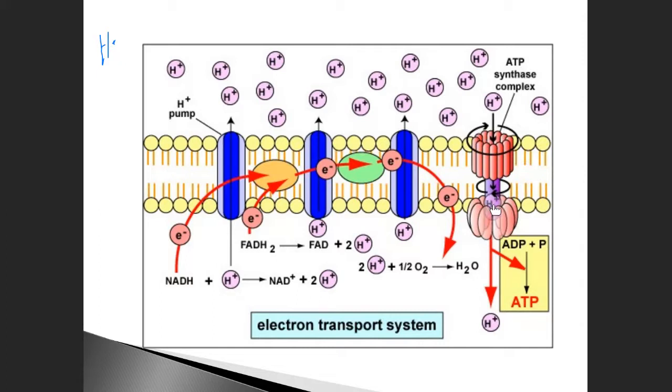It brings hydrogen back from the periplasmic space or the inner membrane space in the mitochondria, and by doing so, it allows a phosphate to join with ADP to form ATP. This process, electron transport system and chemiosmosis, oxidative phosphorylation, produces 34 ATP.